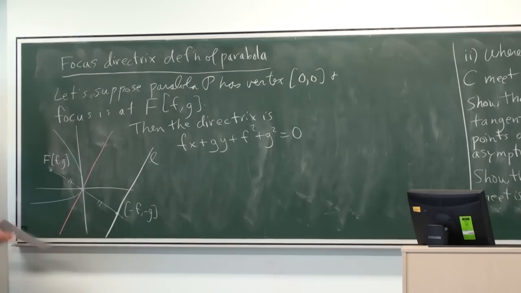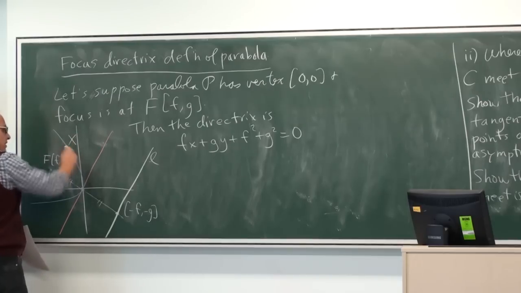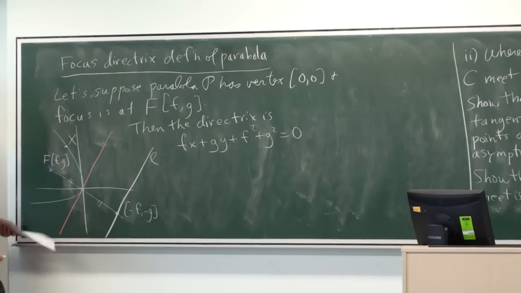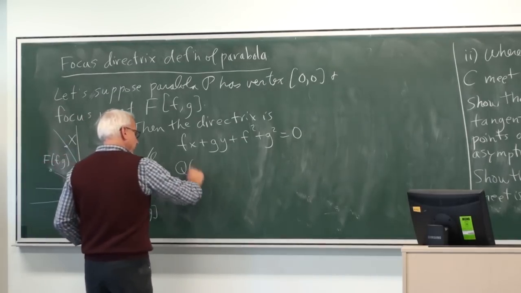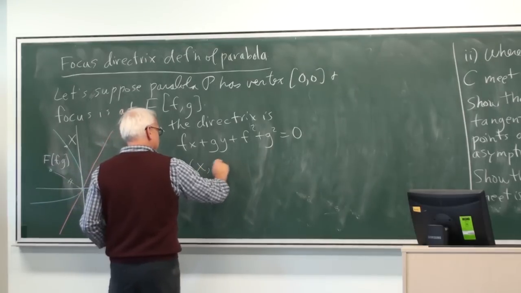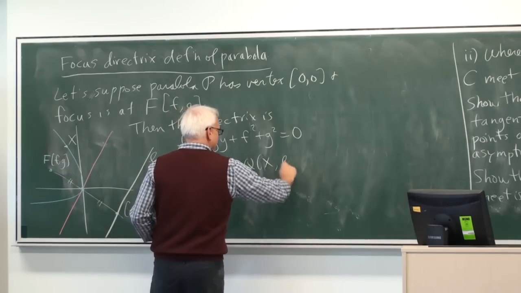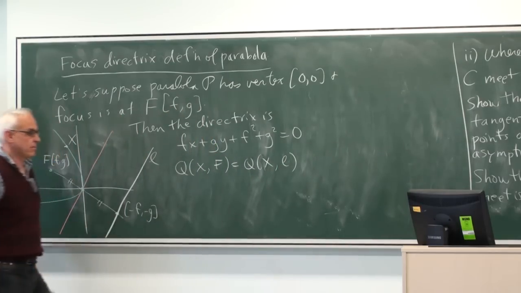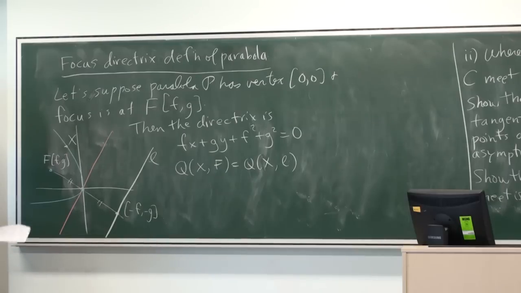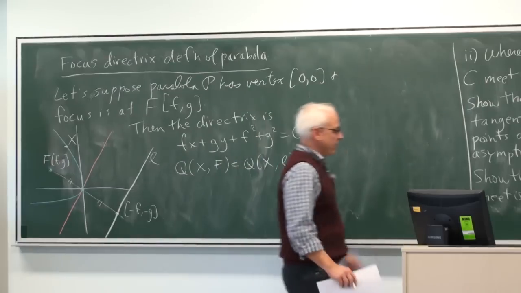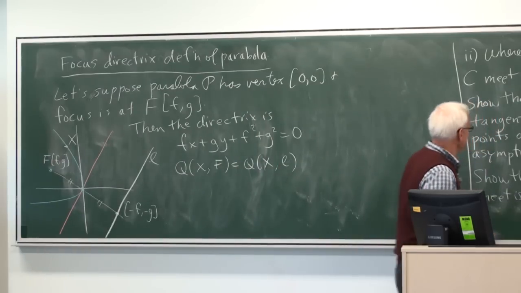And what's the equation of the parabola? If we have a point x on it, the metric definition of the parabola is that the quadrance from x to F equals the quadrance from x to this line L, where quadrance is, as usual, the square of the distance. So let's have a look what this equation looks like.